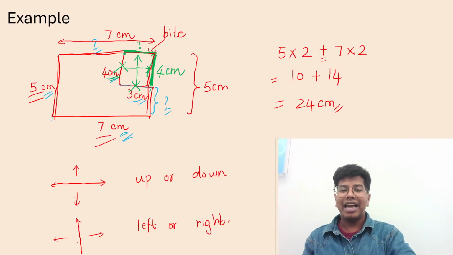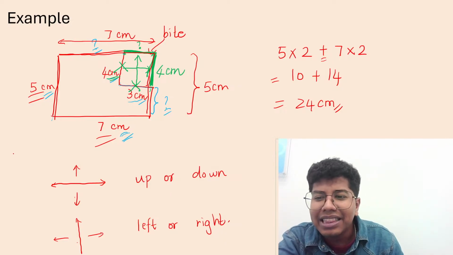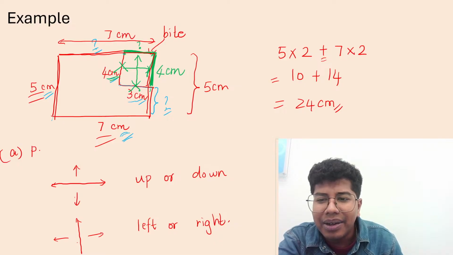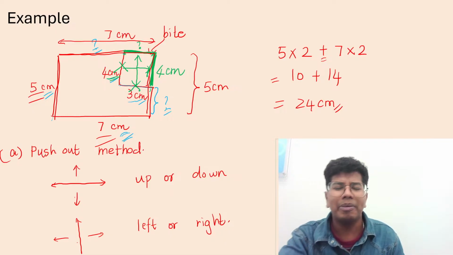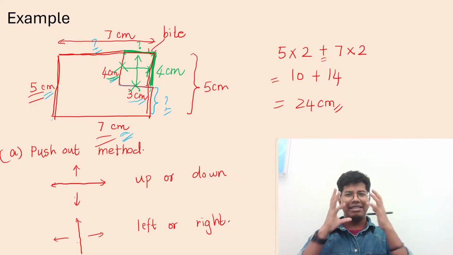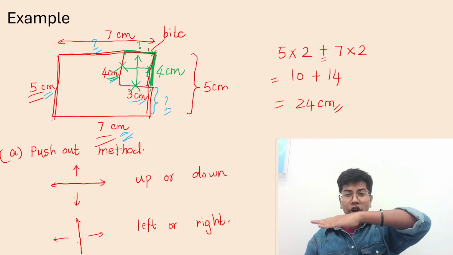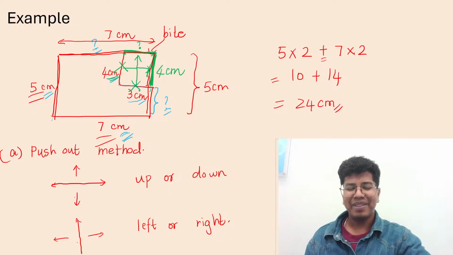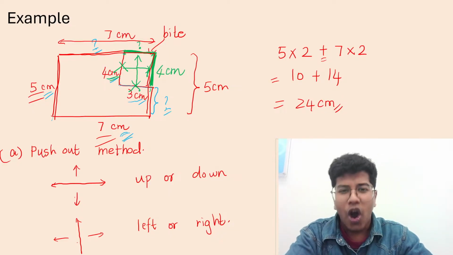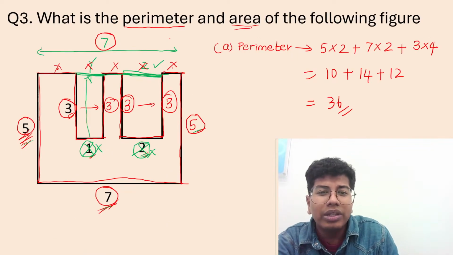So the method we used here is called the push out method. A push out method is where we push out the horizontal lines up and down and the vertical lines left and right. That's it.